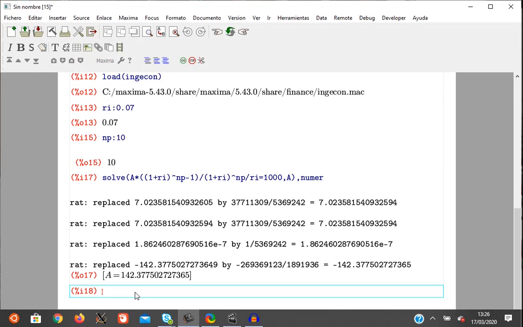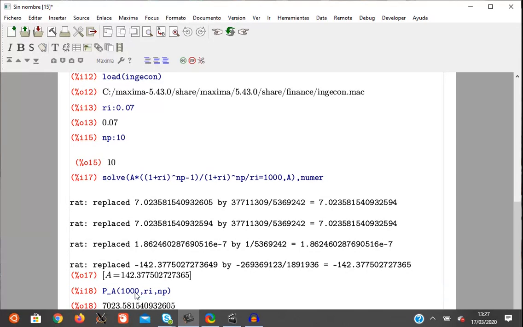The annuity of present value of 1000 is 142 again, as has been expressed. I will tidy this up, so we have the expression here.